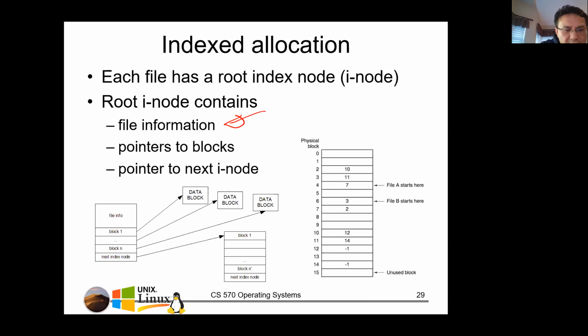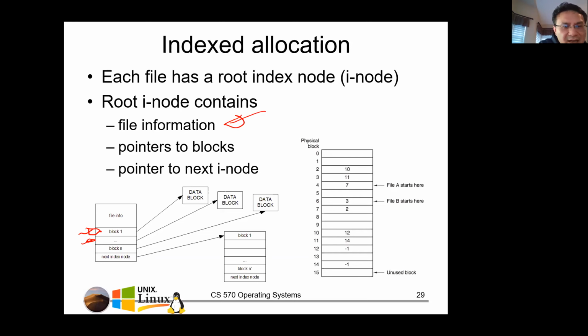Again, it's similar to the linked list, but it actually remembers the pointers for all the blocks, as compared to the linked list, where you have to traverse the list to get the information of where each block is located.